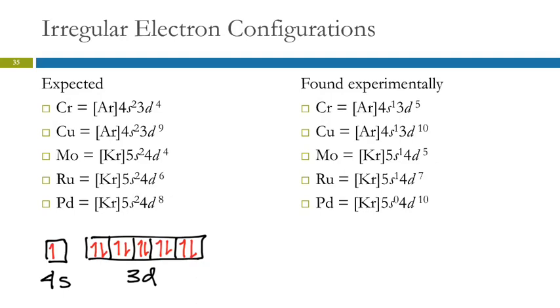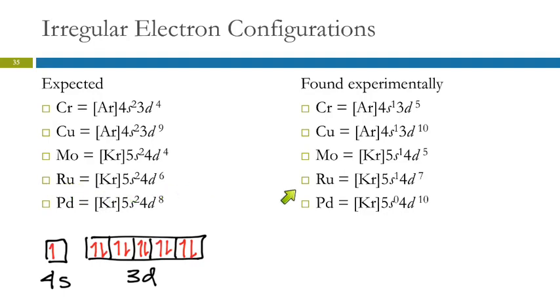So we see some similar things, but not quite as nice for things like molybdenum, ruthenium, and palladium. So molybdenum is doing a similar thing to chromium, where it is taking one of the electrons from the s and moving it up to the d, so that both of these are half full.